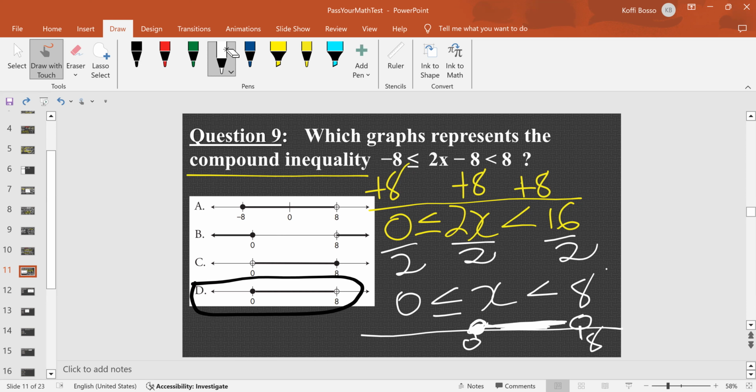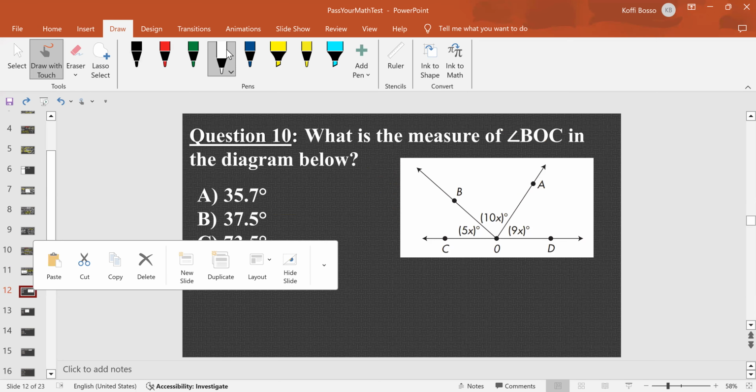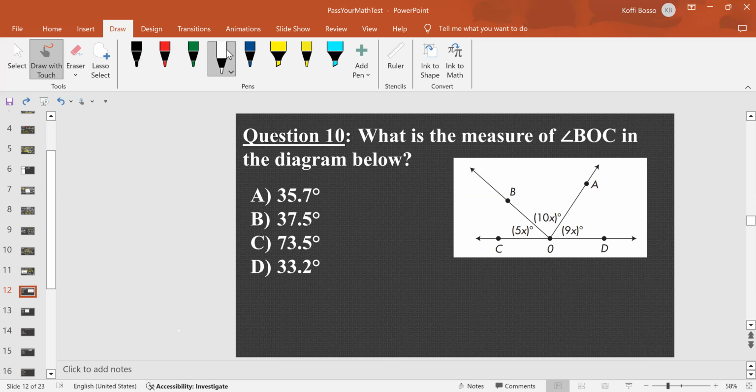Okay, question number 10. For question number 10, this is a geometry question. They say, what is the measure of angle BOC?